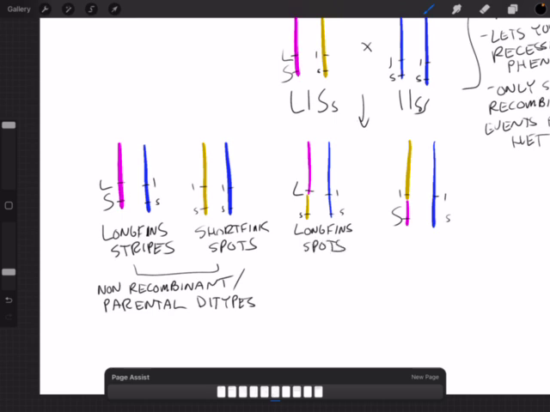And an individual that is short fins with stripes. Okay. These two groupings are recombinant, right? We've recombined the traits of the fin length and the stripe patterning. In addition to recombinant, they're also called non-parental dye types.